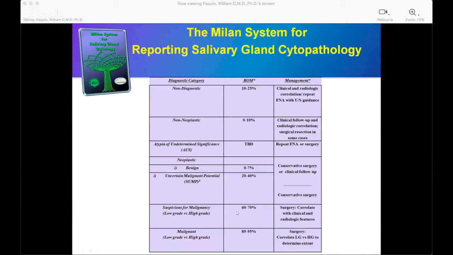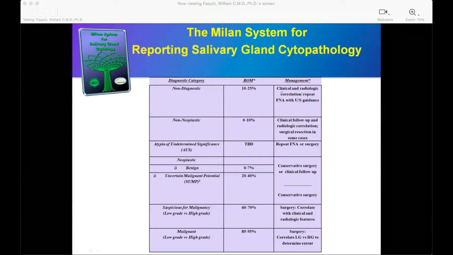We are currently looking at the literature. There are more manuscripts being published and written as we speak, which will contribute to refining the risk of malignancy. I think you can see that for the non-diagnostic category, there is a significant risk of malignancy, and that's because, as you might expect, many of these fine needle aspirates that are termed non-diagnostic are simply sampling errors that are missing an underlying cancer.